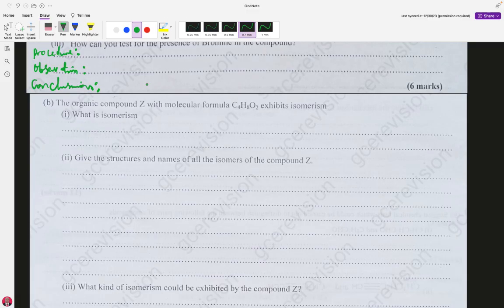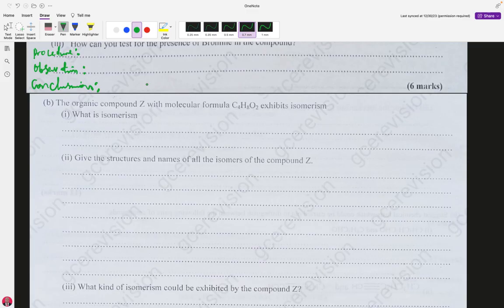On the other hand, if iodine was in the compound, you would do the same procedure. Then your observation should be that there is the formation of a yellow precipitate of silver iodide. And your conclusion should be that the formation of a yellow precipitate of silver iodide indicates the presence of iodine in that compound.